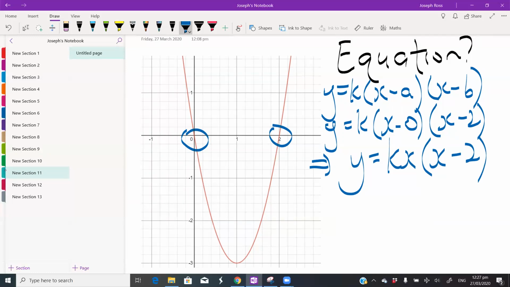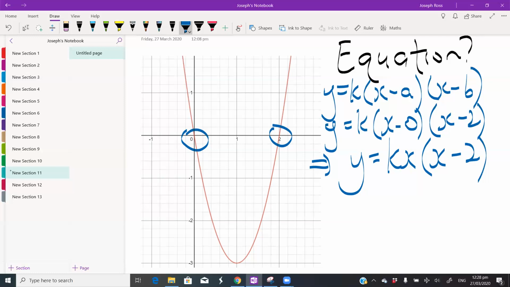But if we put 0 into the right-hand side, we end up with k times 0, and that x gives us 0. So we get 0 equals 0k. Since 0k equals 0, we've just got 0 equals 0, which tells us nothing about the value of k. So that means that if an x-intercept is 0, we cannot use the y-intercept to find k. We need to use one other point.